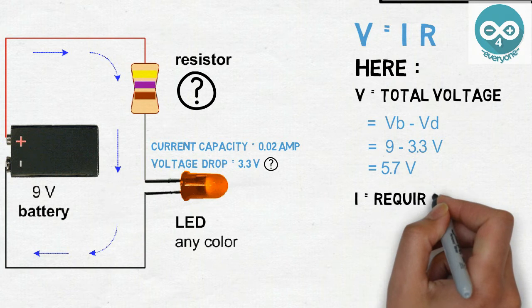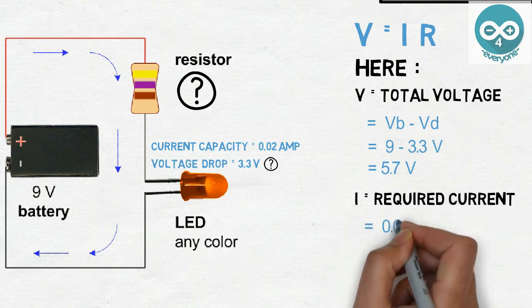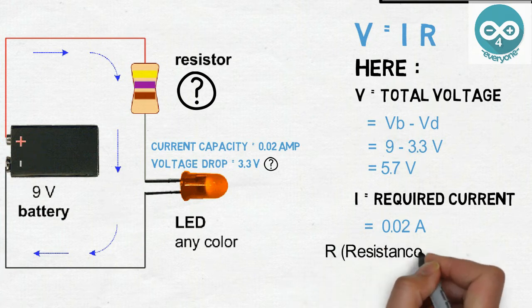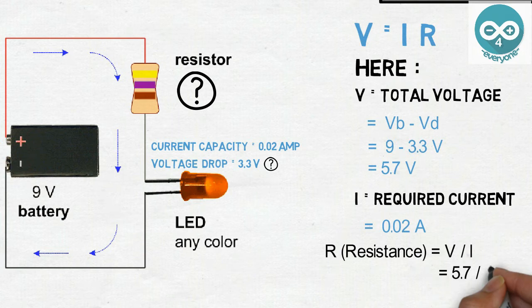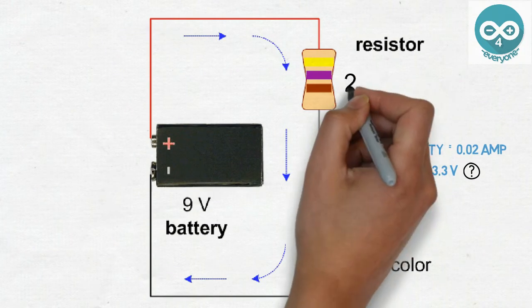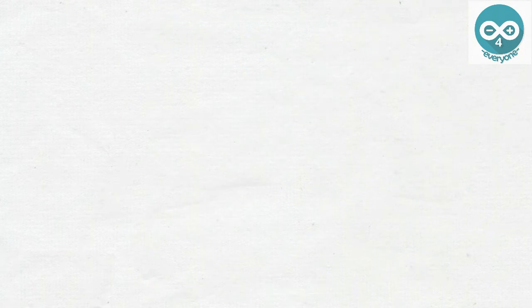I is the required current, which is 0.02 amps. So using the formula, resistance equals V by I, that is 5.7 by 0.02, which gives 285 ohms. So we have to connect a minimum of a 285 ohm resistor to keep the LED safe. So this is how you solve a circuit.